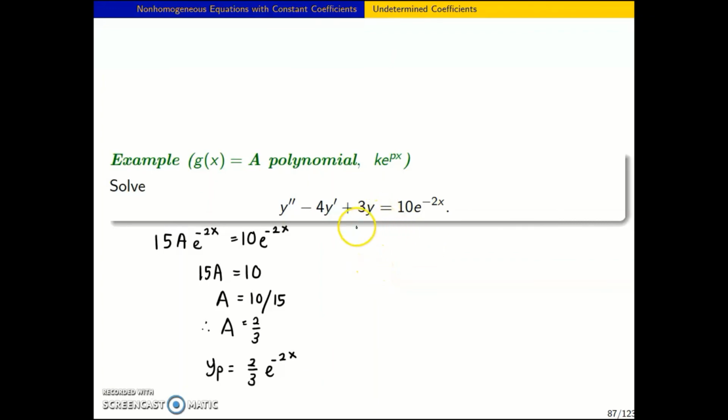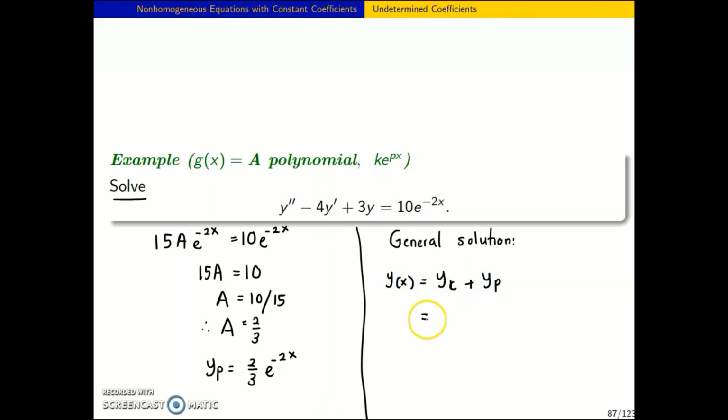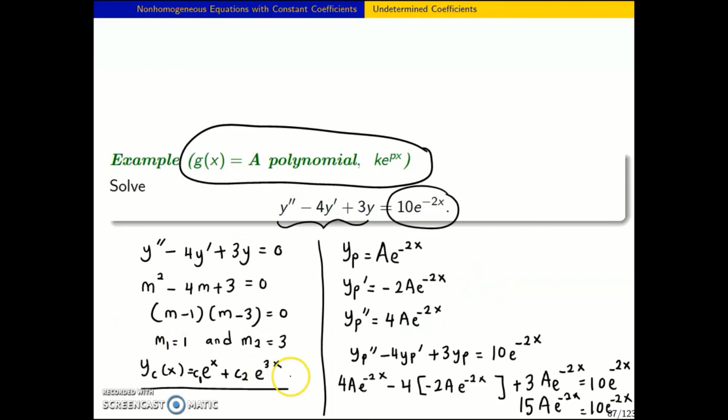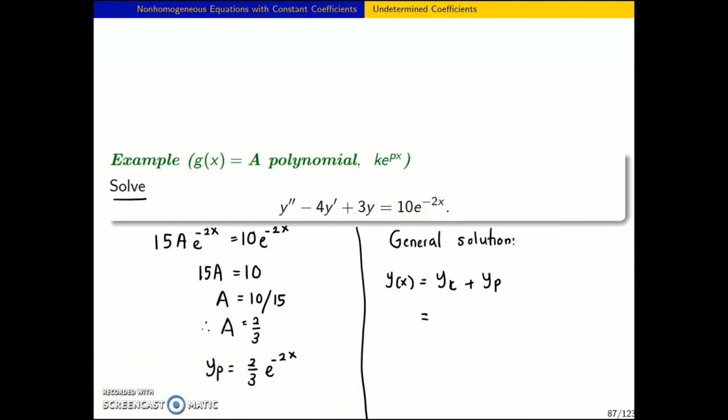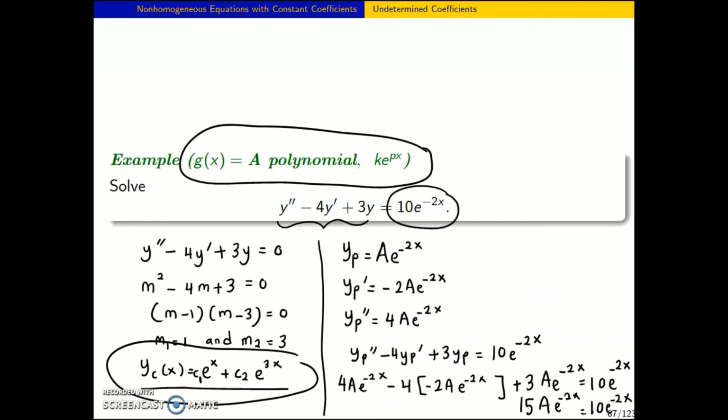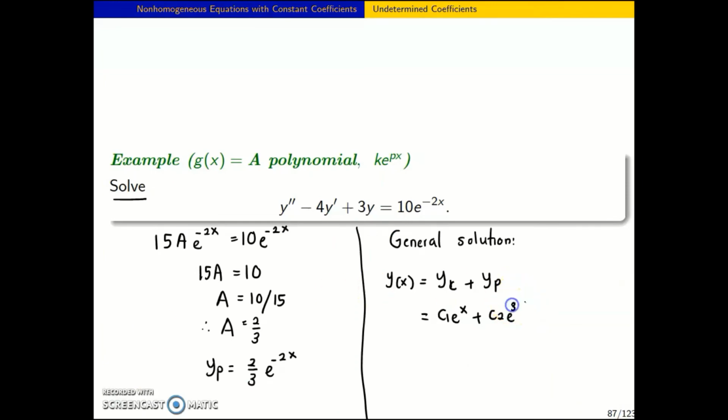Therefore my general solution. Don't forget your final answer. When you say solve, we want to find the general solution. So the general solution y(x) is given by yc plus yp. yc we have obtained earlier: c1 e to the x plus c2 e to the 3x.